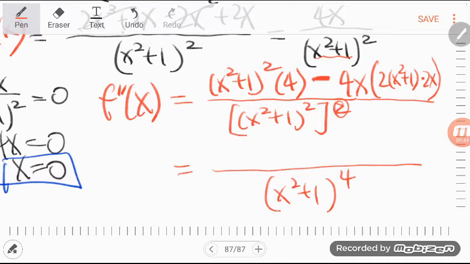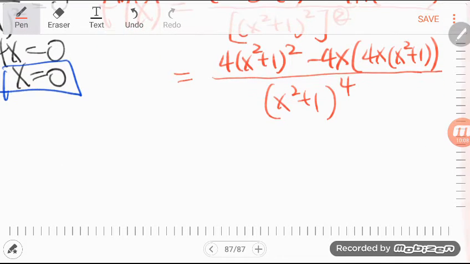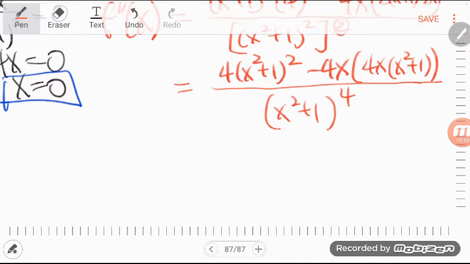And over here, I will have 4 times x squared plus 1 squared. And over here, I will have minus 4x. Let's take this slowly, just to make sure we all get it. Let's see what else we can do.